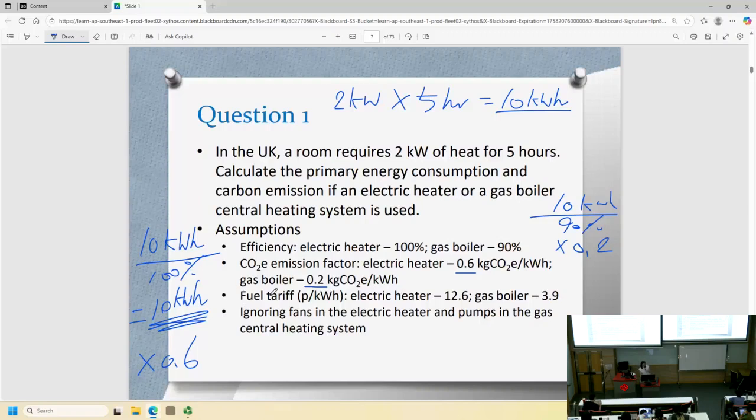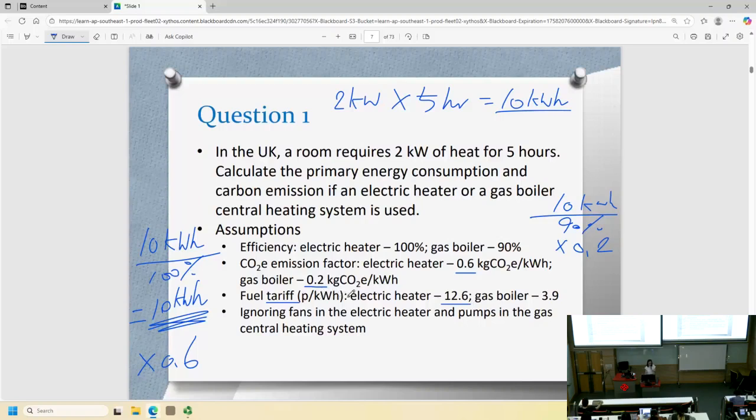And in this question, we are also given the tariff, okay, the money that you need to pay. So for electricity, it would be 12.6 pence for every kilowatt hour of electricity consumption.